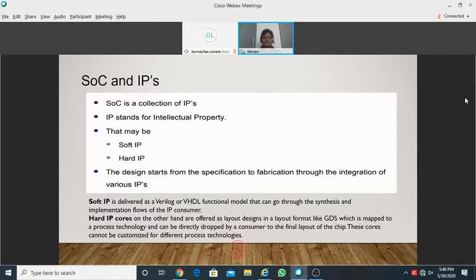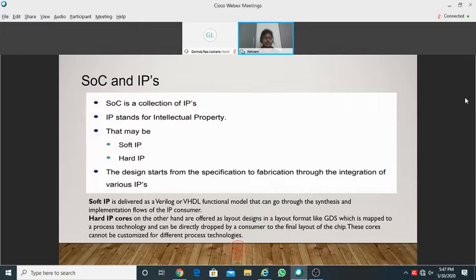Because of all these things, now we need to spend more time not only in designing but also in the verification of the particular ASIC or SOC. So I'll just take, from the vertical point of view, SOCs as a market focus, and we'll see how SOC is driven from here.